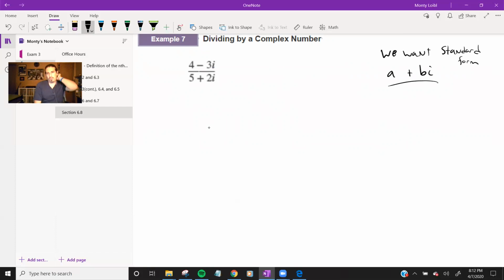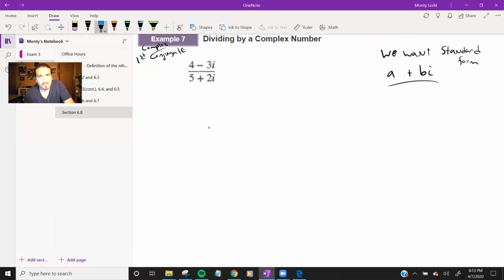So we need to somehow get all of our real parts here and all of our imaginary parts there, right? Okay, so to do that, we can multiply by the conjugate. So when you have this fraction here, multiply by the conjugate. Really, it's the complex conjugate.